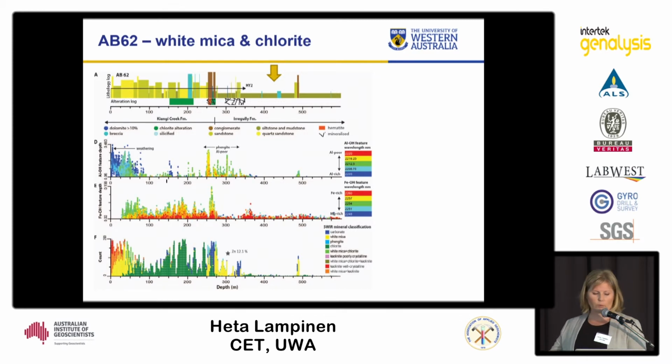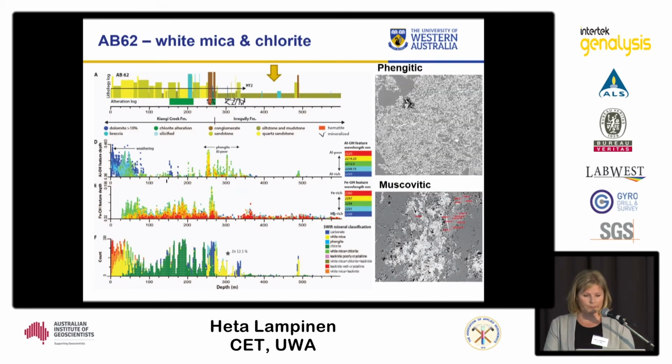And a message to take from this figure is that some of the white mica in the surface, when the weathered sequence are still preserved, although it's evident that the alteration is not extending there.